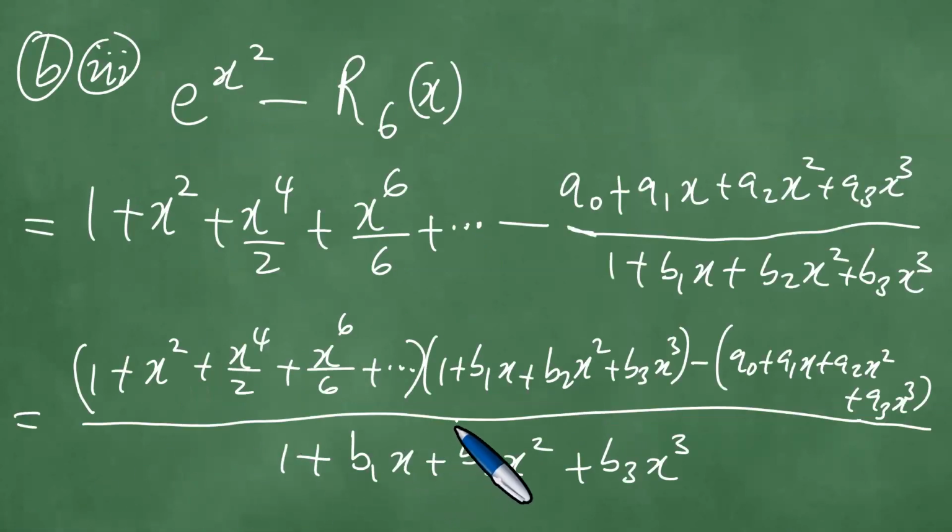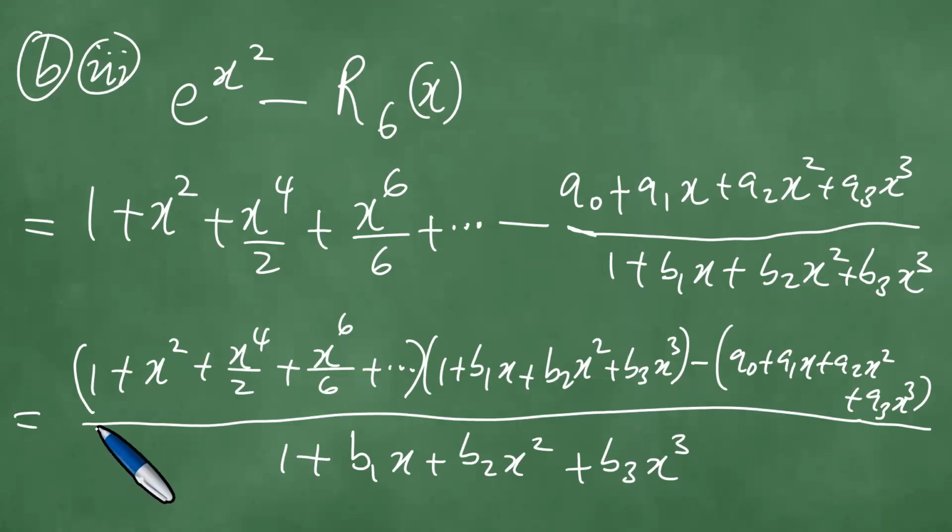By x cubed, let's look at the x cubed terms. So you're going to have b1 x squared by x, which is going to bring a cube. A couple of cubes are going to appear from this, like the b1 and x squared. What else? The b3 x cubed by 1, and there's going to be minus a3.